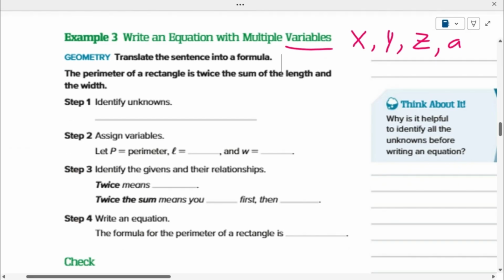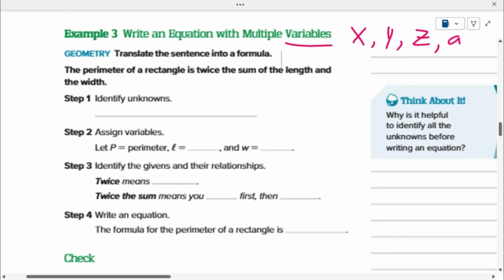Okay. So translate the sentence into a formula. The perimeter of a rectangle is twice the sum of the length and the width. Okay, let's talk about the things that we don't know. The perimeter of a rectangle is twice the sum of the length and the width. Let's circle and underline.